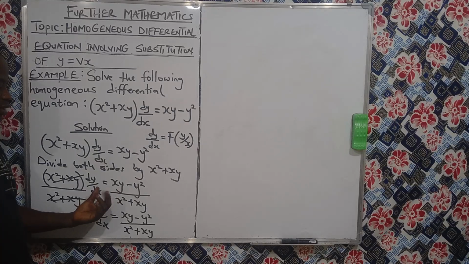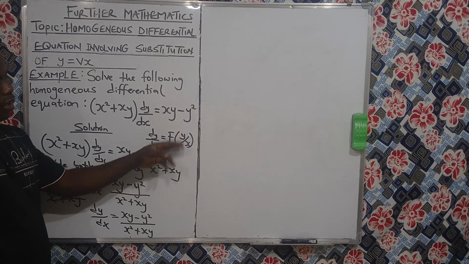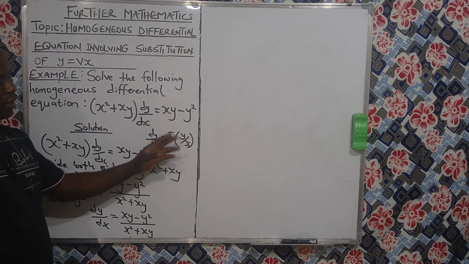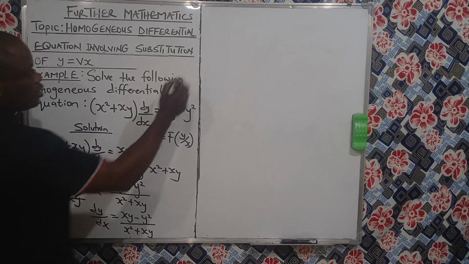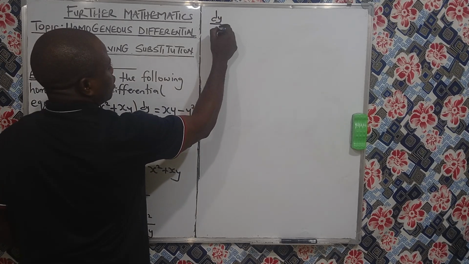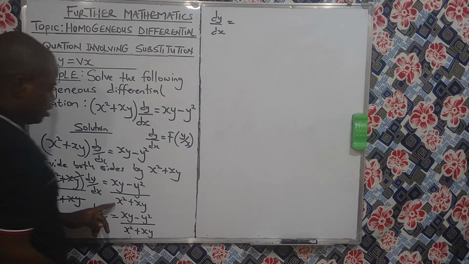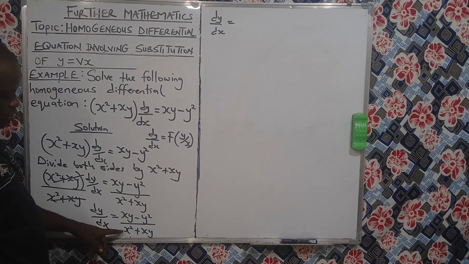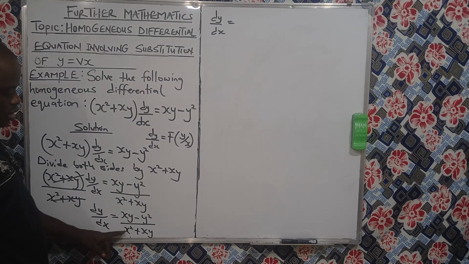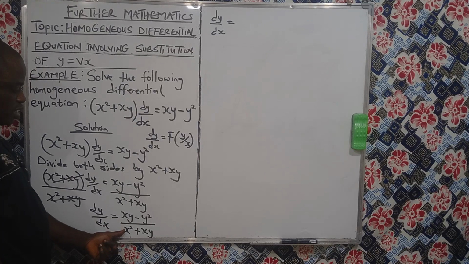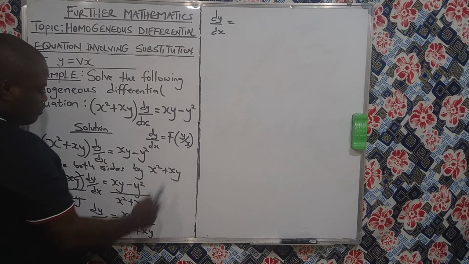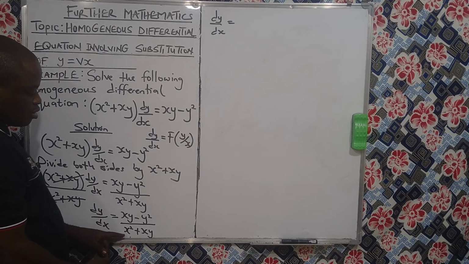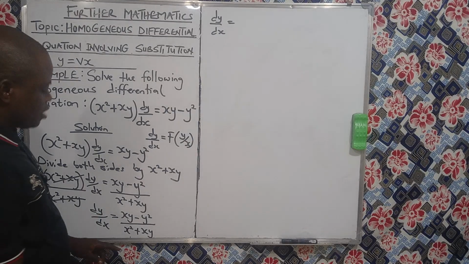How to confirm it is to know whether you have the form of y over x at the right hand side. Let's divide it. dy over dx equals, divided by the highest power of x. We have x squared as the variable with the highest power. We now divide both the numerator and denominator by x squared.